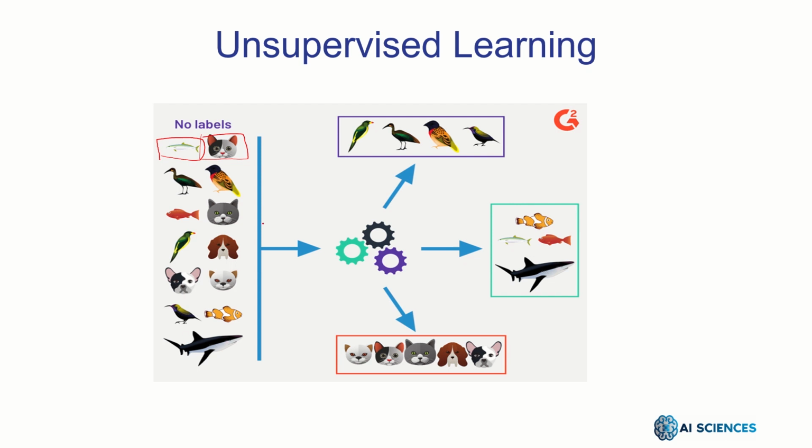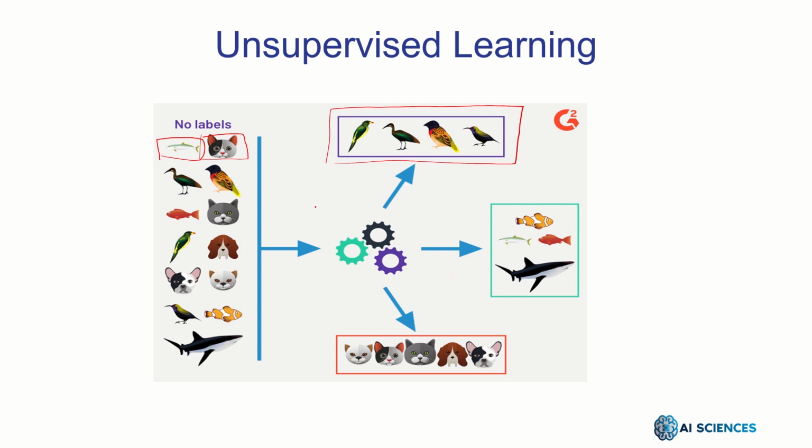But we still want to group different objects together so that each group has particular properties that they share. For example, all these are birds, we are seeing that these are all fish, and these are all cats and dogs and so on. So one kind of grouping might be on this basis.